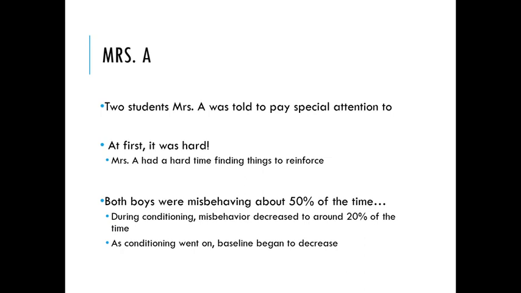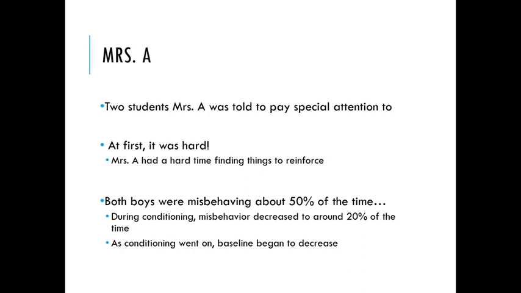Prior to conditioning, both boys were misbehaving about 50% of the time, and through this intervention, she was able to decrease their misbehavior to around 20% of the time. And as conditioning went on, that level continued to drop. So this was a very effective way to target those negative behaviors in her classroom.